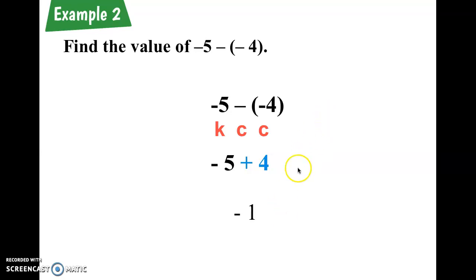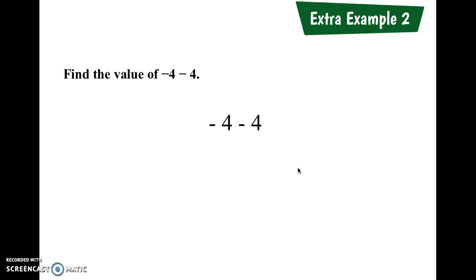Next example. Find the value of -4 minus 4. I'm subtracting a positive, so I'm going to make this more negative. Taking away a positive means it's going to be more negative. Think about it that way. So again, keep, change, change, KCC. We're going to keep the -4, change subtraction to addition.